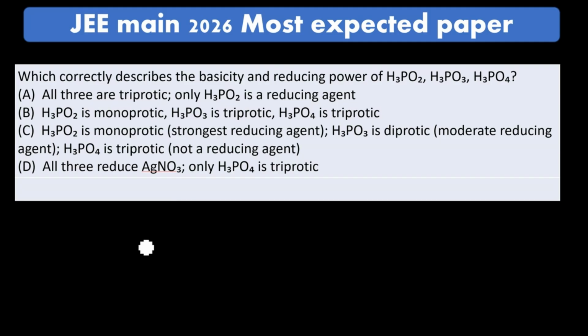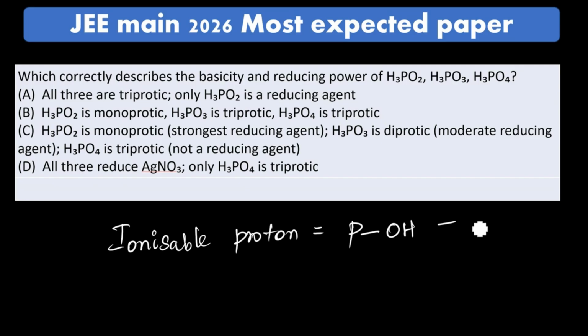So first understand, an ionizable proton means one which is attached to a more electronegative atom, like oxygen. The number of ionizable protons is equal to the number of P-OH bonds. That decides our acidity, right? Diprotic or triprotic or monoprotic.